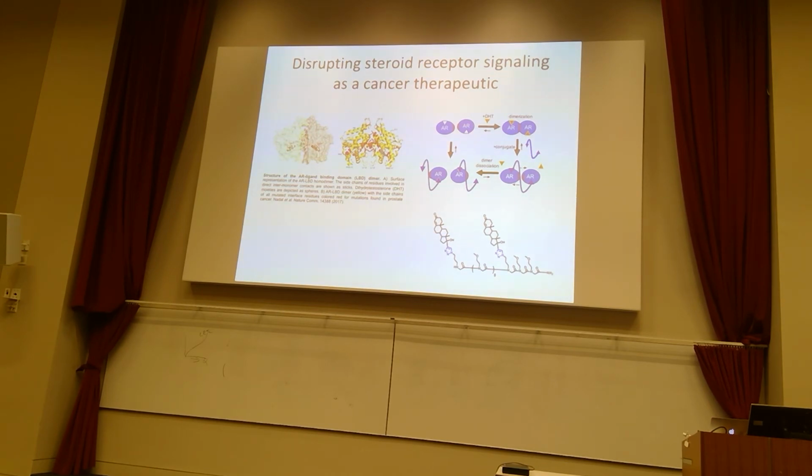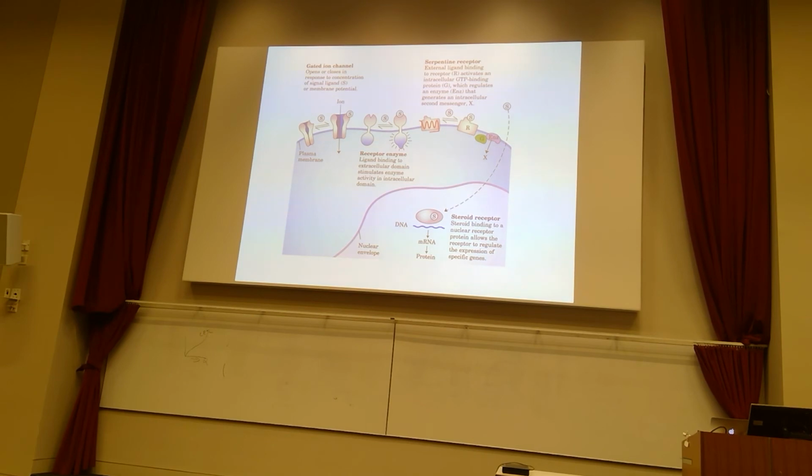But oftentimes, the signal engages the cell from the exterior, induces a change in the membrane protein, and it's only that change in the protein structure or activity that's responsible for driving that signal. So that's the case here with these receptor enzymes and also for these serpentine receptors.